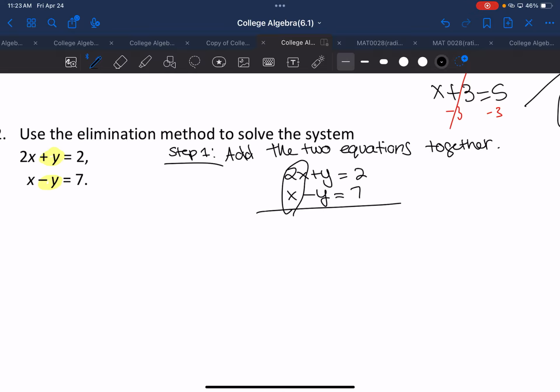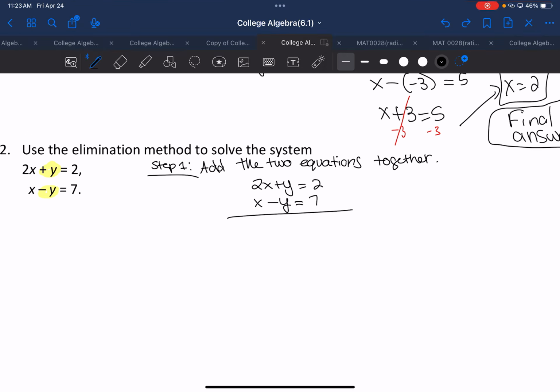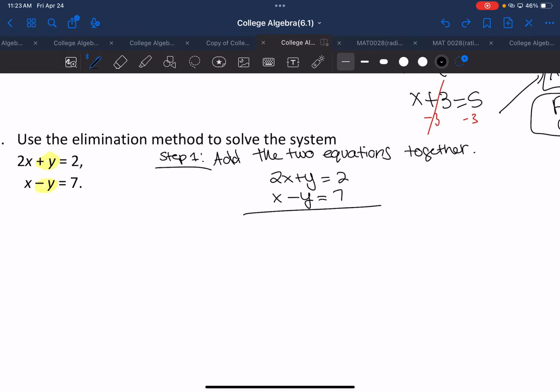These x's are lined up, these y's are lined up, my equals are lined up, and my constants are lined up. Okay, and when I add these two together, I'm just going to add down vertically my like terms. So 2x plus x is 3x. y plus a negative y is 0, so that cancels. Bring down my equal sign. 2 plus 7 is 9.